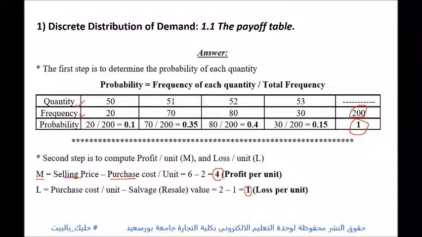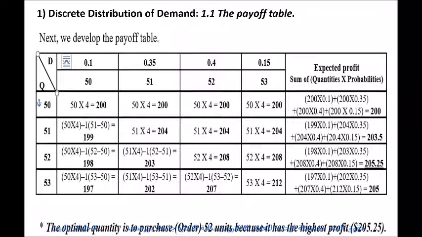The next step is preparing the payoff table. As you can see, you have demand with quantities 50, 51, 52, 53, and its probability. On the other side, we have quantity, the number of units that you have, 50, 51, 52, 53, the same number of units as demand.